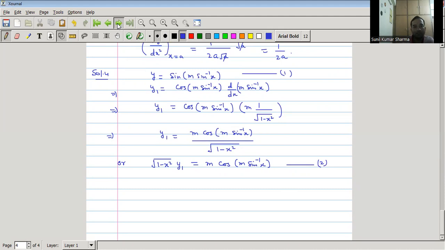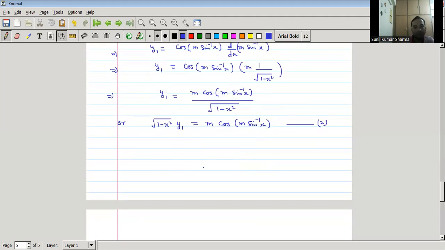Now we differentiate equation 2 both sides with respect to x. In the left hand side we apply the product rule.